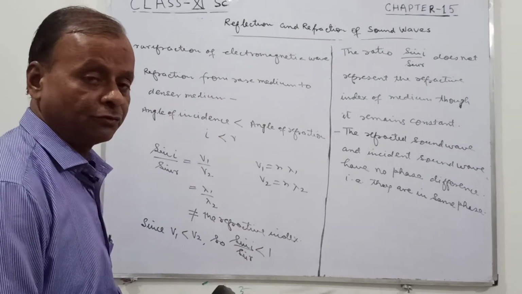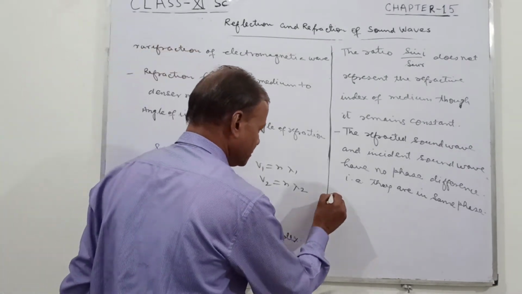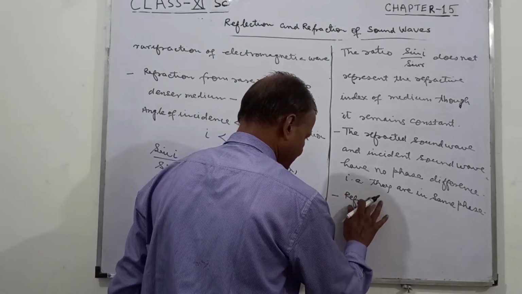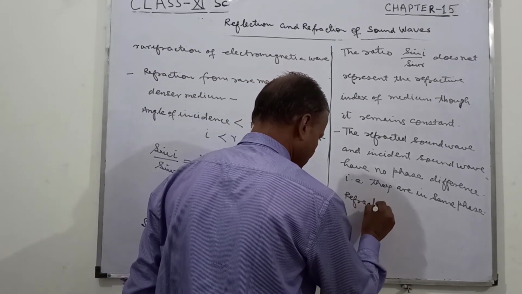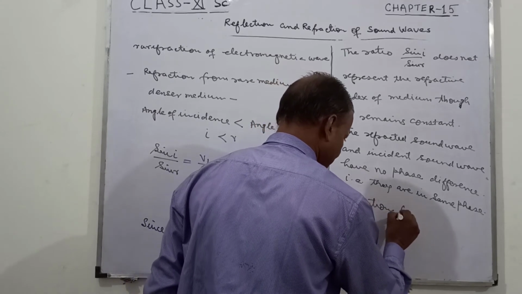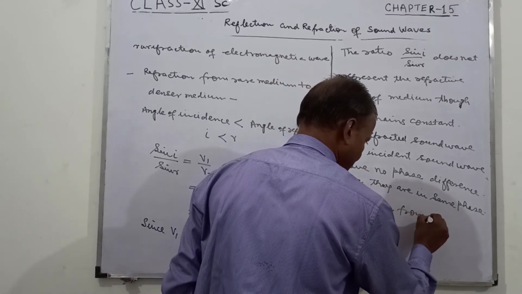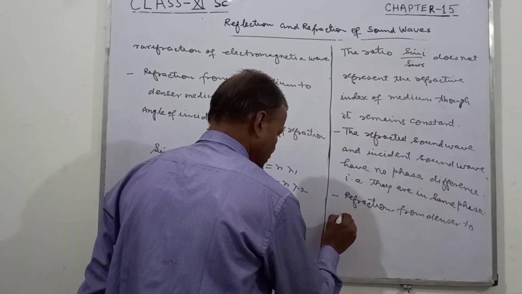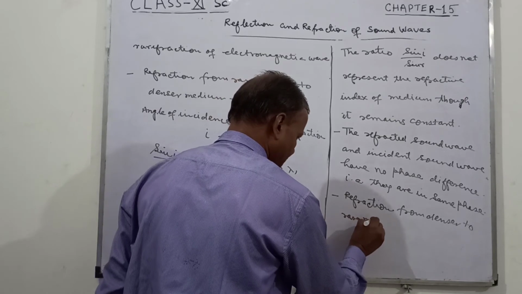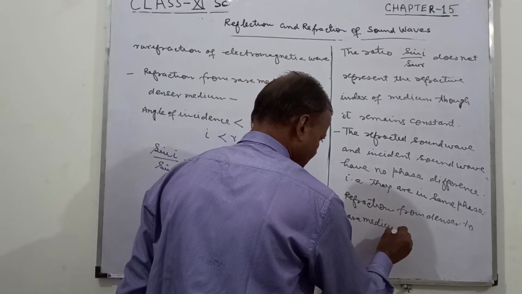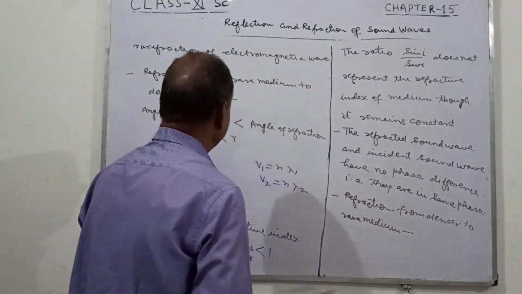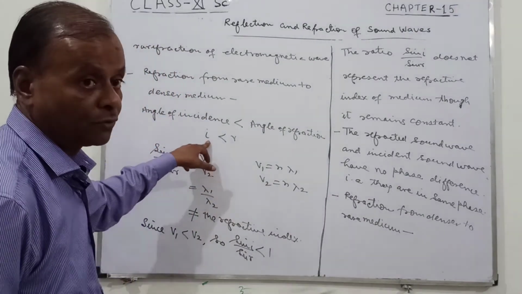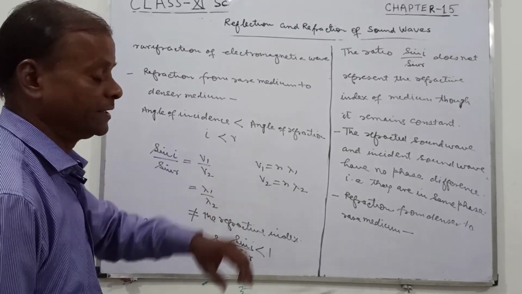Now if we take the opposite to this one, refraction from denser to rare medium, then this happens just the opposite: the angle of incidence will be more than the angle of refraction.